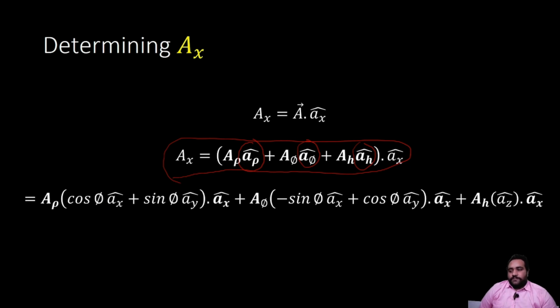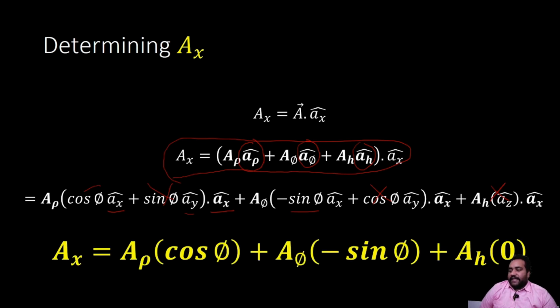So if I do so, this entire operation would be expanded in this form. Now again, wherever the unit vector is similar, the product would be the coefficient, and wherever the unit vectors are different, the product would be 0. Similar is the case everywhere. So the expression for Ax in terms of the coefficients in the cylindrical coordinate system would be like this.